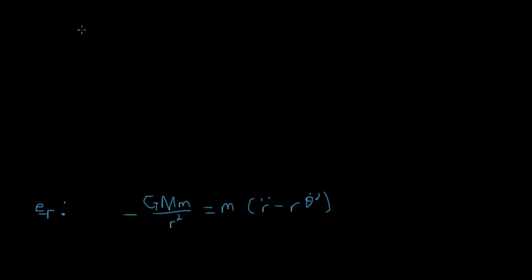We know that the angular momentum H naught about axis O is equal to m r v. Remember v equals r theta dot, and therefore m r squared theta dot, and therefore theta dot equals H naught over m r squared.